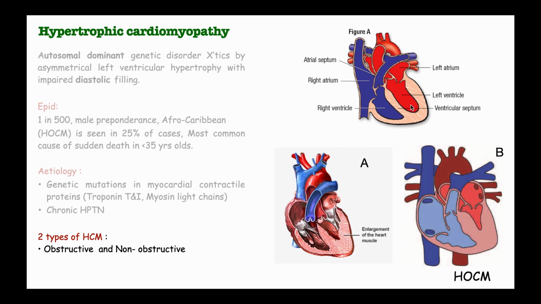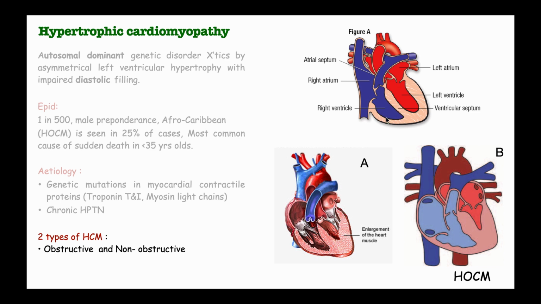So the first diagram up here, as the pointer is showing, is a normal heart with normal ventricular chambers, as you can see, and you can see that the walls are also normal. There is no dilation, there is no hypertrophy of the chambers. So this being the left ventricle, the interventricular septum, then the right ventricle.